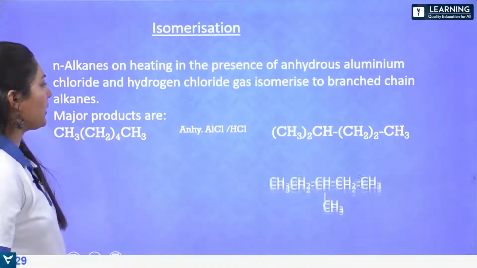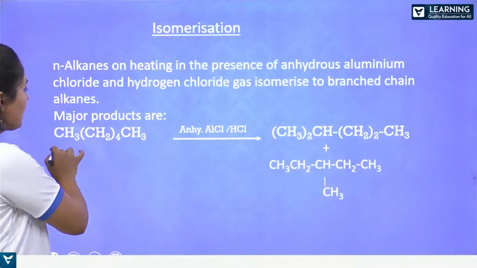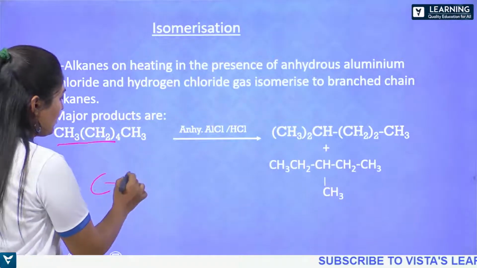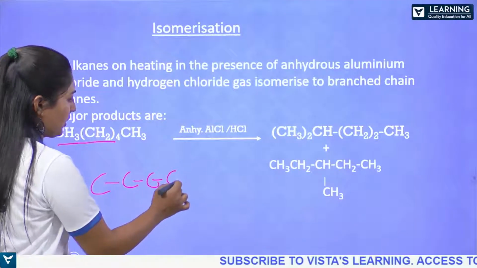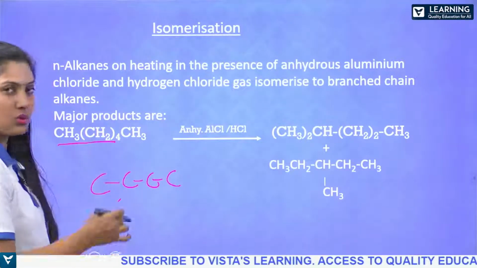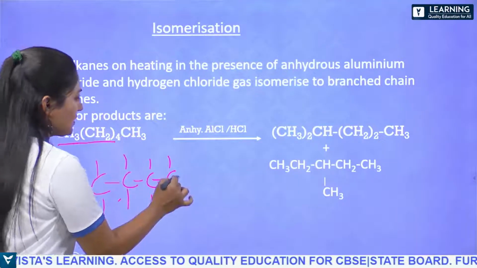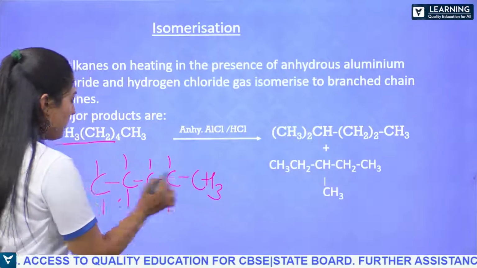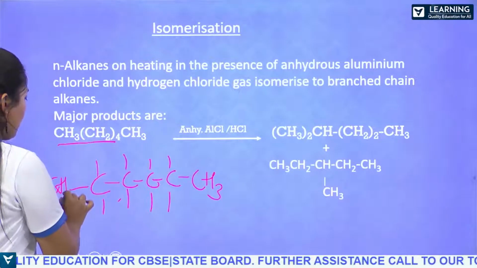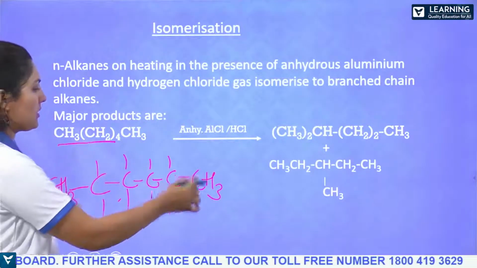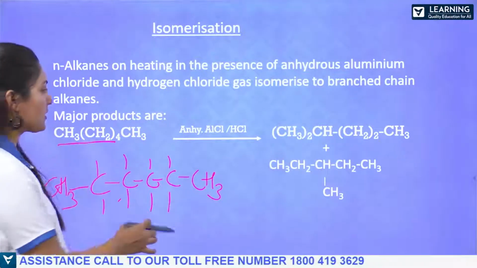You can see over here we have CH3, then CH2 four times, that means 1, 2, 3, 4, because they will be linking like this, and the last CH3 here. So it is hexane, because 6 carbon atoms are there.